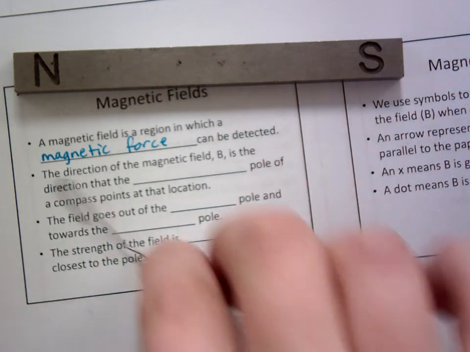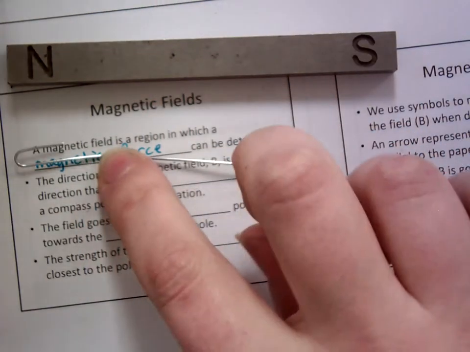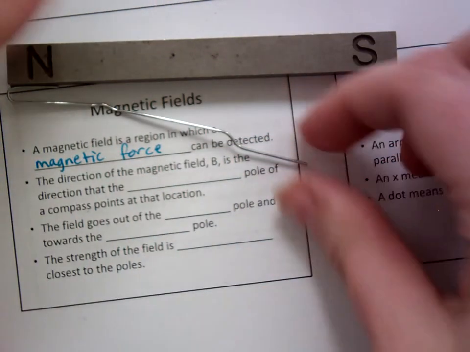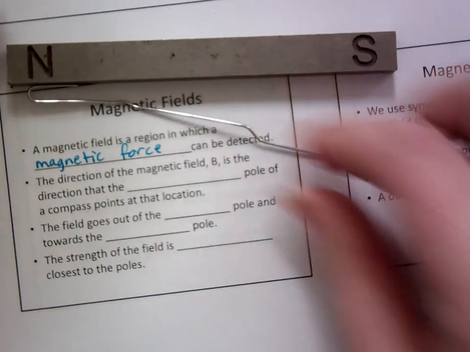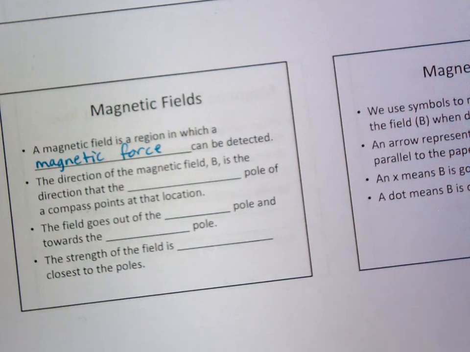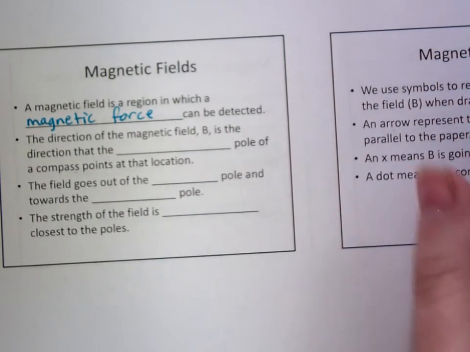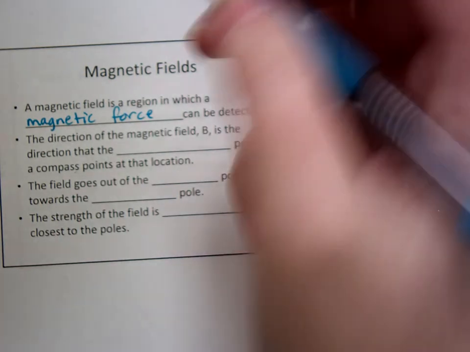If I put it just kind of close, we can see that there's a force pulling the paperclip towards the magnet. Now, there is a magnetic field. It's not visible to our eyes, but there is one.